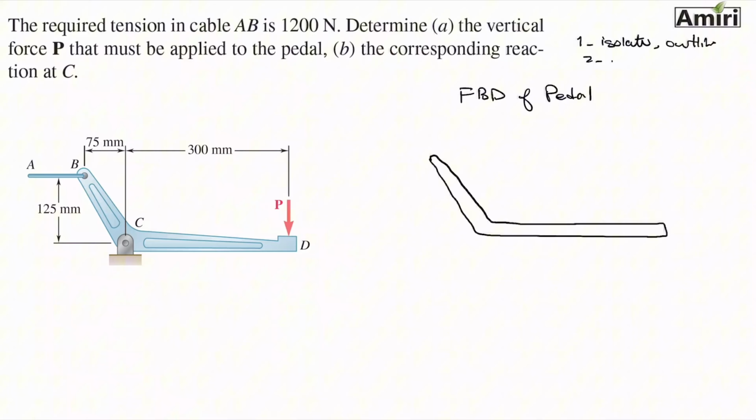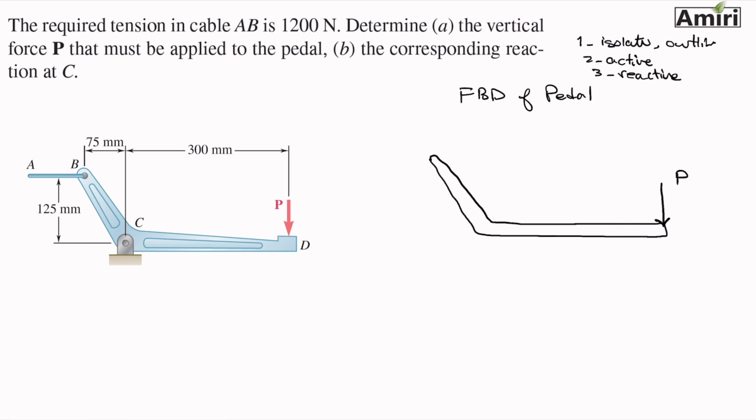Step 2 is put all the active forces and moments in place. These are the forces that are trying to mess up the equilibrium. The only active force I see is force P, which is not given to us. Step 3 is to find reactive forces. These are the forces that are trying to maintain the equilibrium.